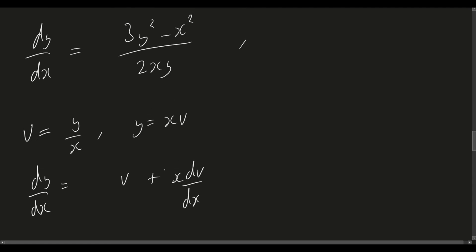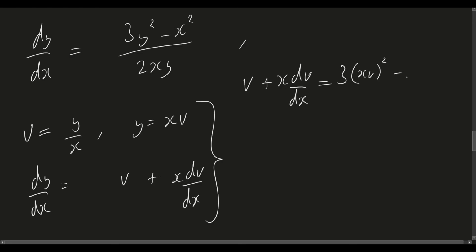Okay, so let's go through now. We've got a whole list of new variables that we can rewrite this problem with, and let's see what we get. So instead of writing dy/dx, I'm now going to write, for our left hand side, v plus x dv/dx equals, and for our right hand side, we'll say 3 times, so y is xv, (xv) squared minus x squared, all divided by 2x times xv for that y.